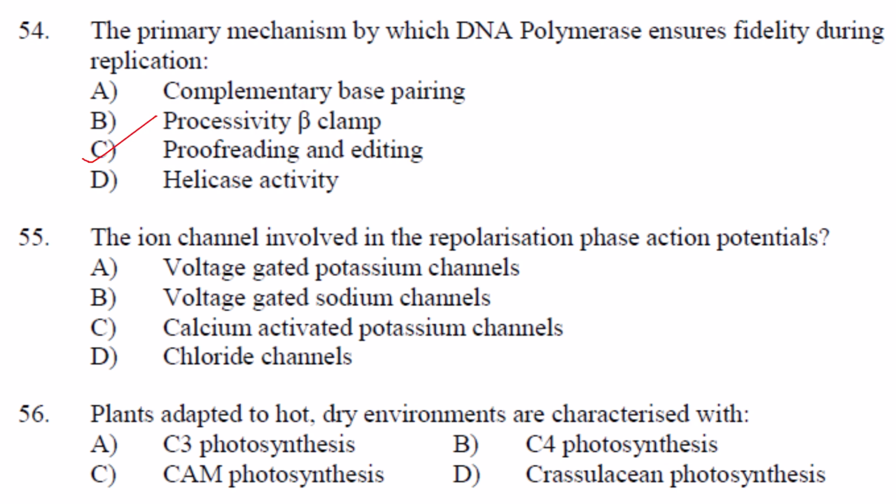Proofreading means it will check the newly added nucleotides and correct them if there is any mistake. Editing also: if a mismatch is detected, then the exonuclease activity of the DNA polymerase removes the incorrect nucleotide and brings in the correct one. So that is proofreading and editing.